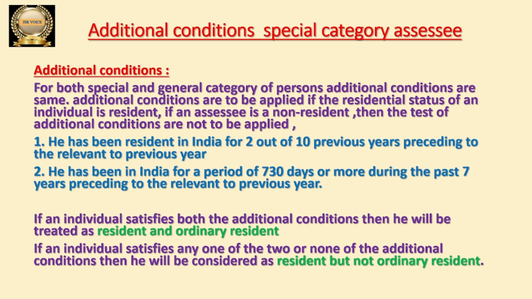There are two additional conditions. If he satisfies both additional conditions, then only we can treat him as a resident and ordinary resident. If they satisfy any one out of these two or do not satisfy anything, then we can treat them as resident but not ordinary resident.